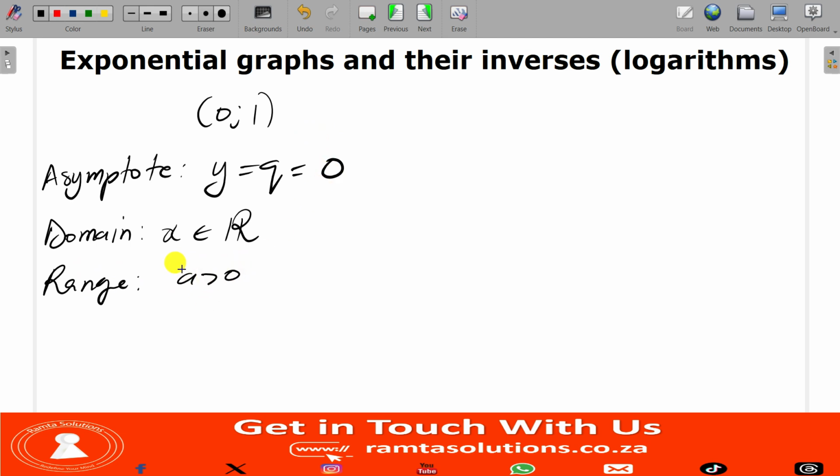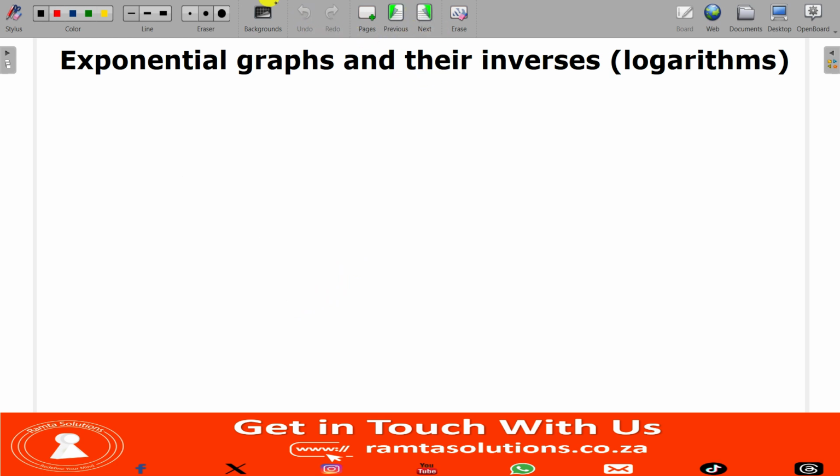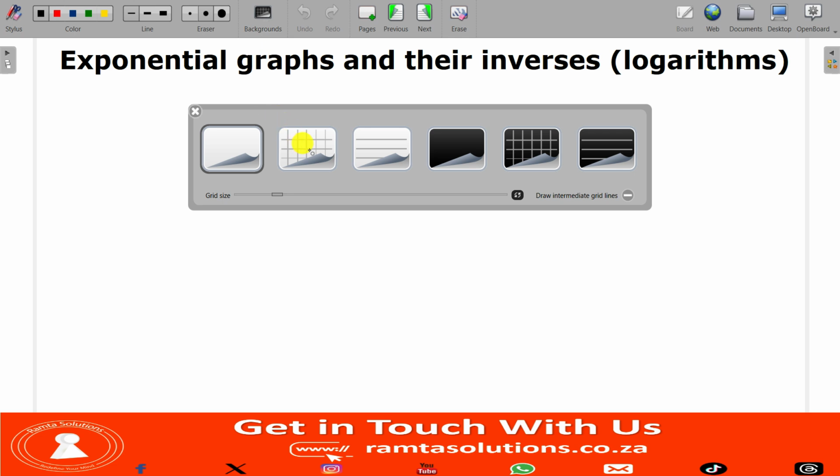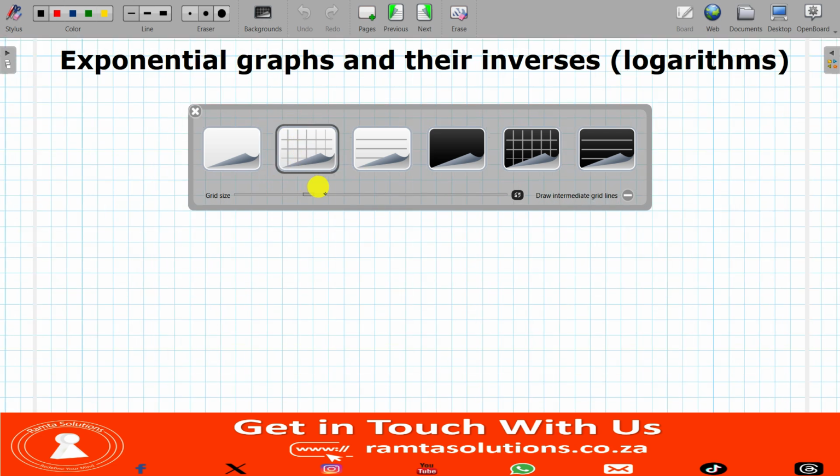You don't need this information, this is for you only. You don't need to write it. You will therefore say y is greater than the asymptote, which is 0. Okay, that's it. Now let's sketch these graphs. I'm going to use a grid. Let me increase its size a bit.